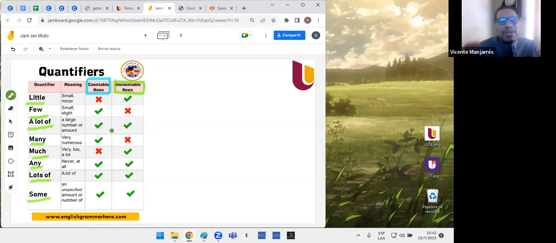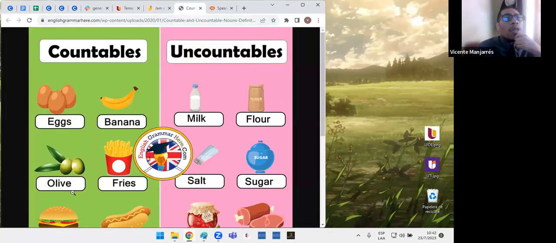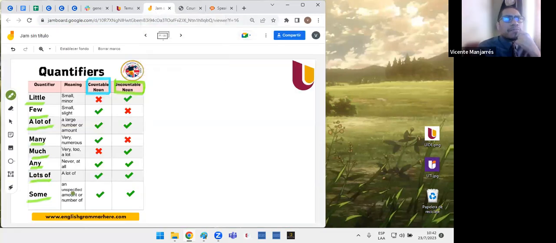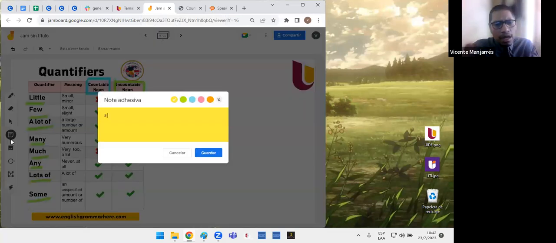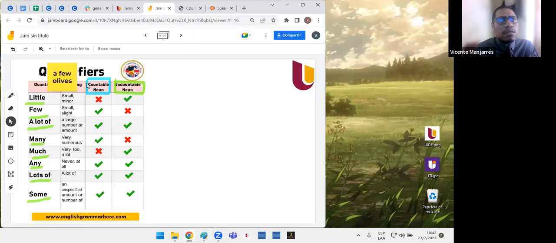Let's create some examples, because just explained like that so quickly, it's not as easy to grasp. So let's take an idea. Olives, right? You can count olives, they are countable. So you can say, I want to buy a few olives. And that would be correct.